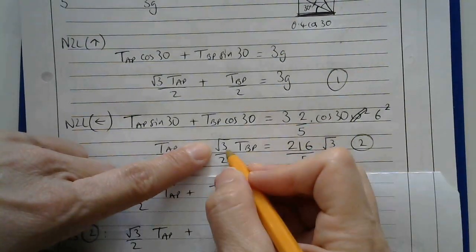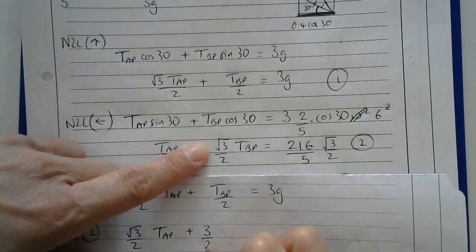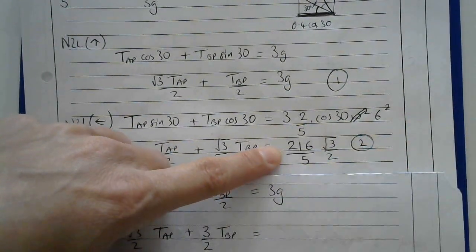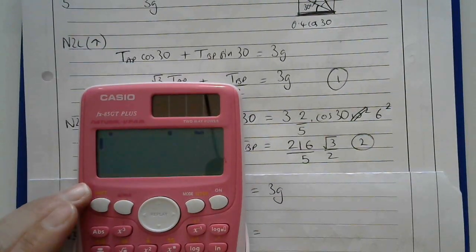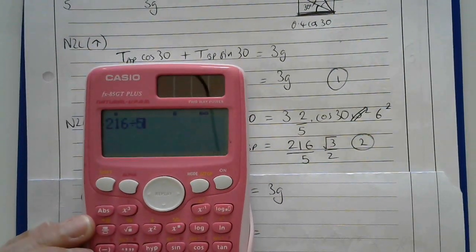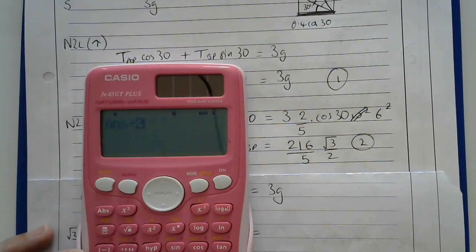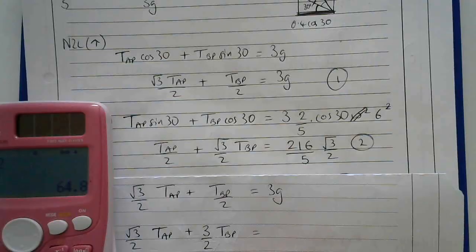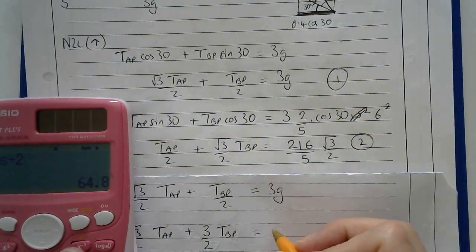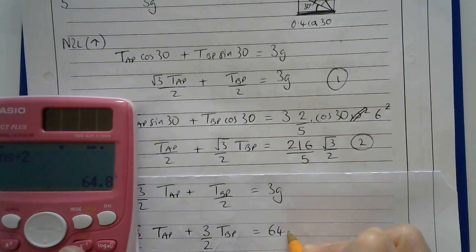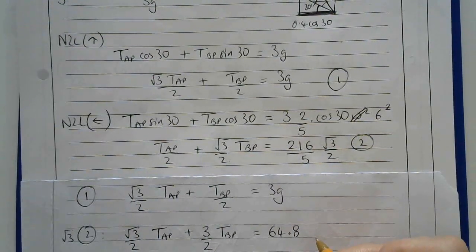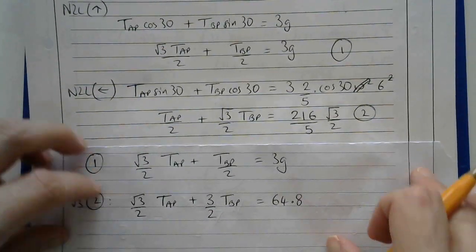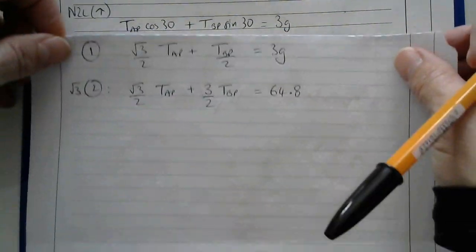If I times this by root 3, I get 3 over 2 TBP. And if I times this by root 3, then I will get 216 divided by 5 times 3 divided by 2. And so I get this number. Normally I love fractions, but I'm going to leave this as a decimal now, because I think I'm just going to type everything into the calculator. So we've got to that stage.